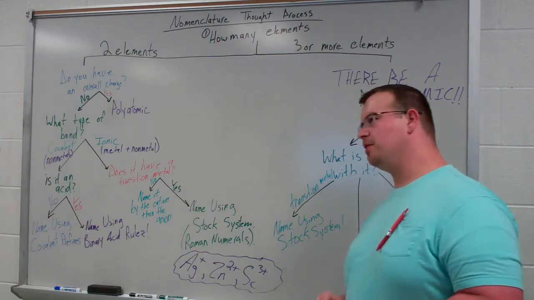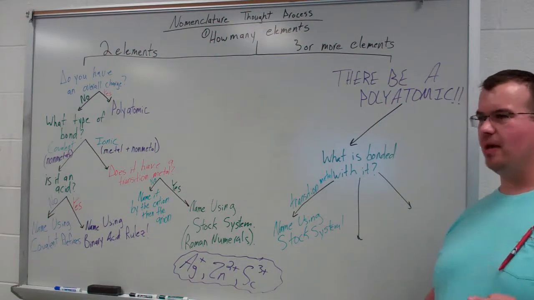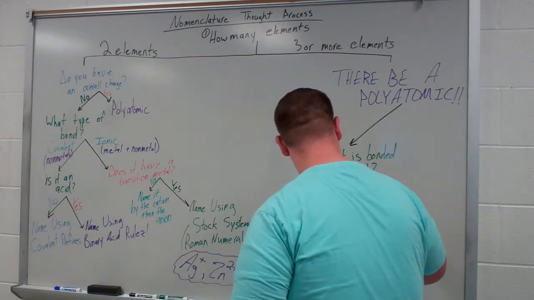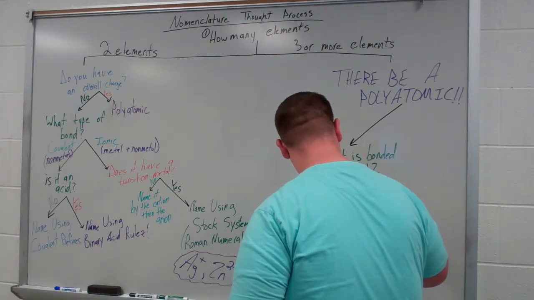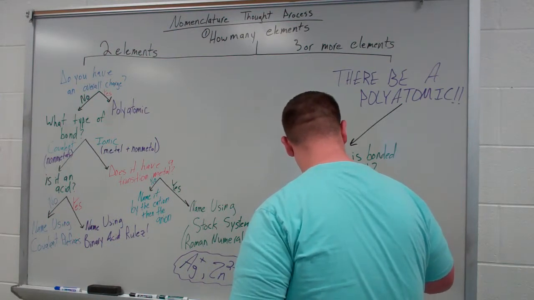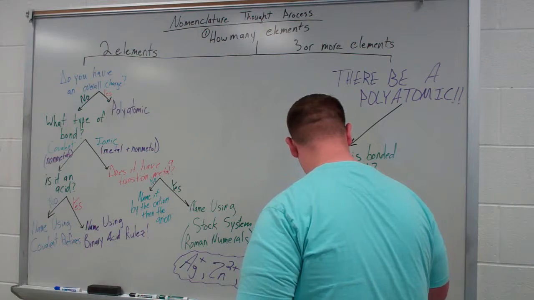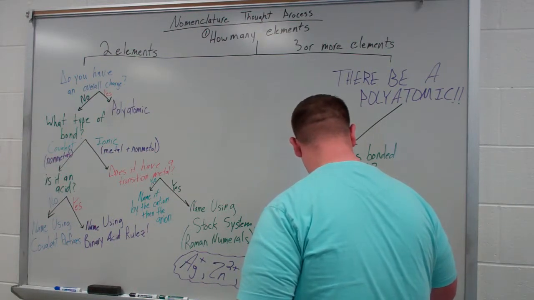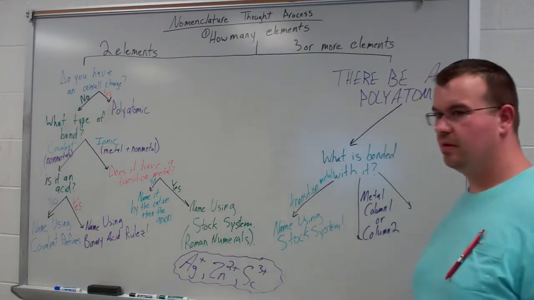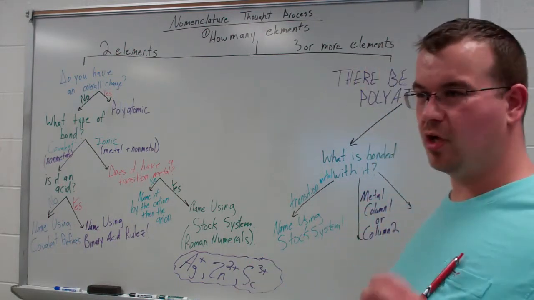All right, so what is bonded with it? In this case, if we have a metal from column 1 or column 2, that's the simplest way I know how to put it. Is that for that middle one? Yeah. So we have a metal from column 1 or column 2.